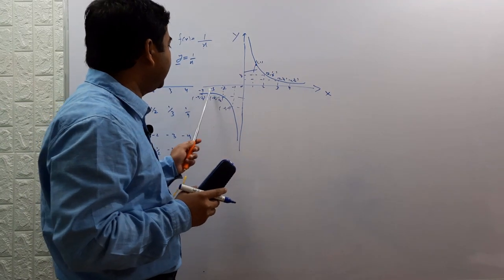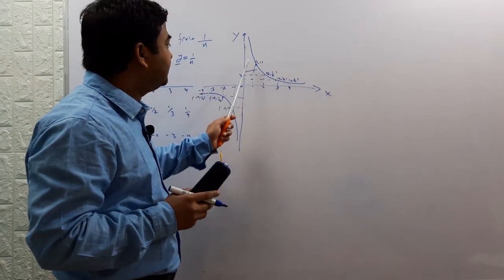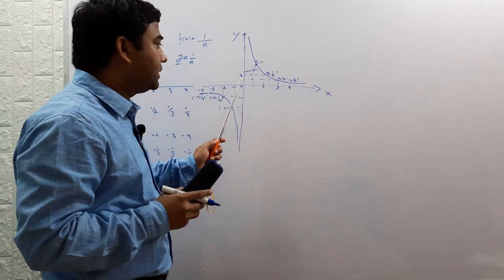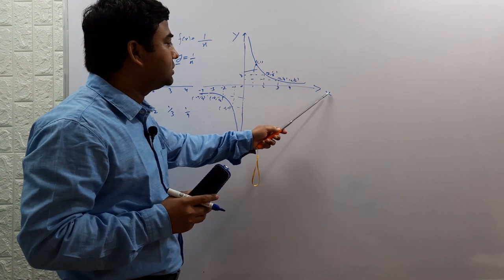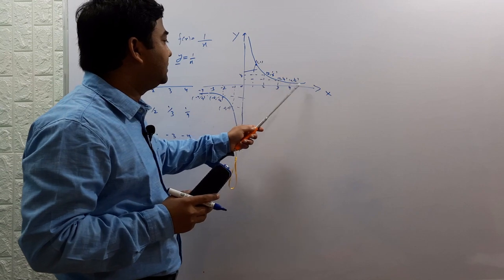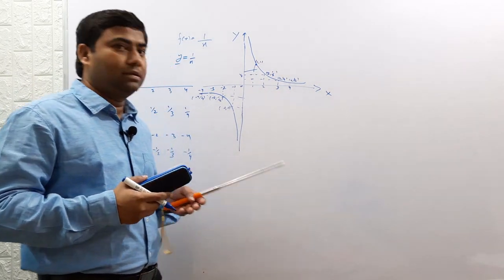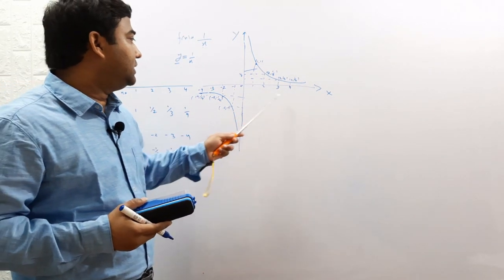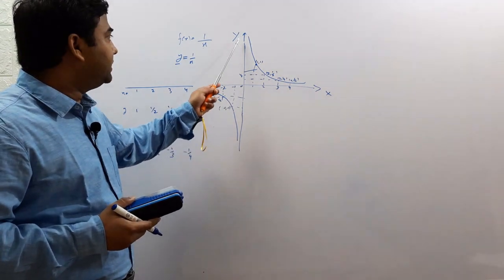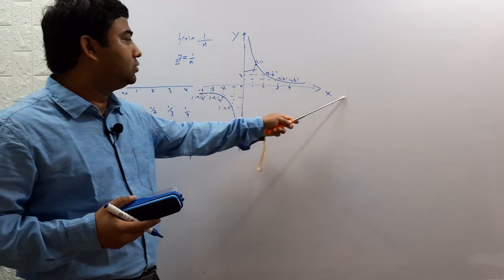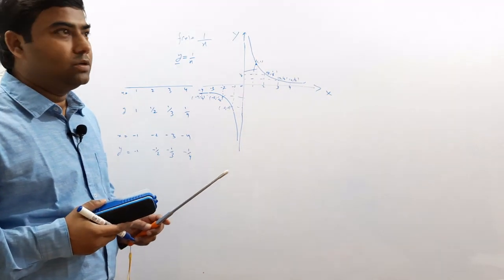So here the x and y axes, which are the lines y equal to 0 and x equal to 0, are asymptotes of this function, which are never touched by the function, but the function tries to touch those lines as the value of x enters limiting conditions. In the limiting condition, either x tends to reach 0, then it will touch the y-axis, or it tends to reach infinity, then it will touch the x-axis.